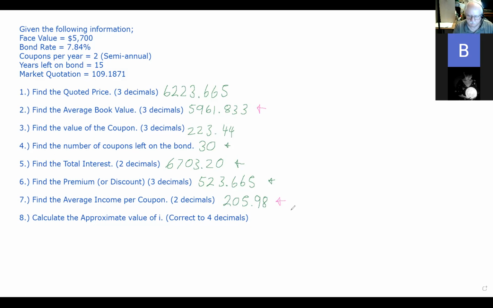Then you're going to multiply by 100 to turn it into a percent. And then because it's semi-annual, you're going to multiply by 2. And you're going to round that to 4 decimals.